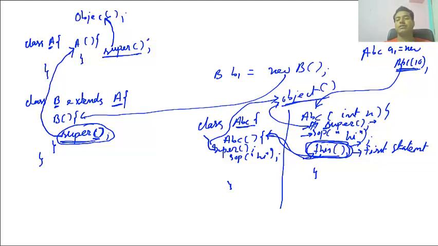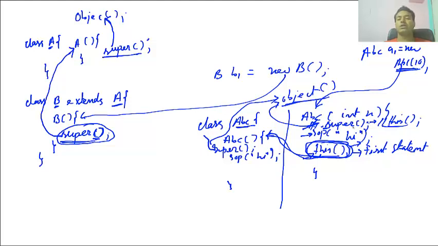So by default first statement is super, but when you write this keyword instead of super, then super will not be there, right? If I write super at this place, and again if I write this immediately after that, then it will give an error saying that this should be the first statement. Or if I write this as the first statement and then super, again it will give an error that super must be the first statement.